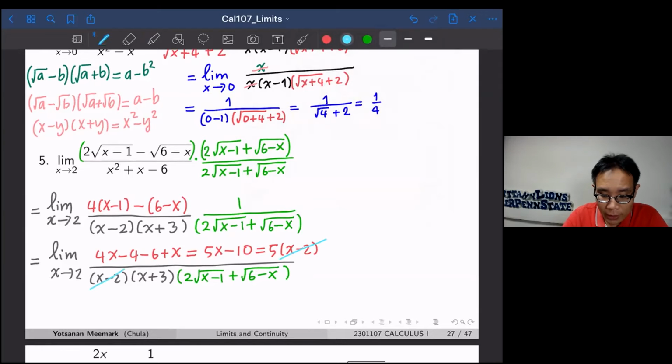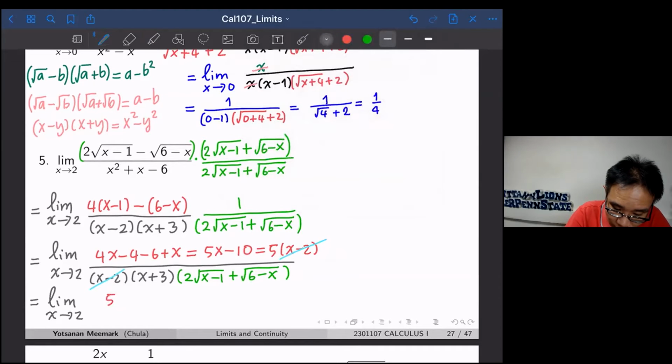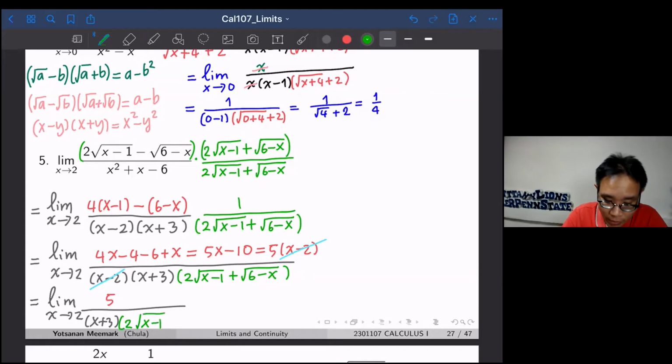Now you see that the x minus 2 factor that caused the problem before is gone. So you have limit x go to 2 of 5 on top, and on the bottom you're gonna have x plus 3 and 2 square root x minus 1 plus square root 6 minus x.